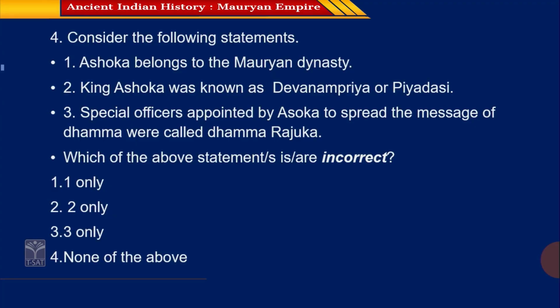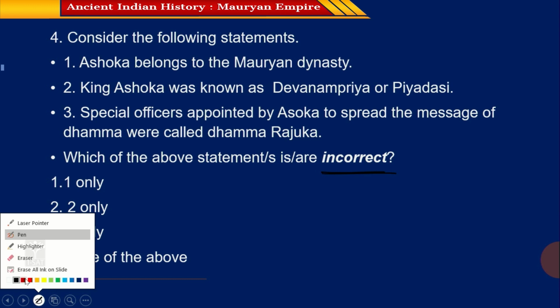Next question. Consider the following statements. Ashoka belonged to the Mauryan dynasty. King Ashoka is also known by two other names. Special officers appointed by Ashoka to spread the message of Dhamma were called by a certain name. Which of the following statements is or are incorrect? It's asking for incorrect, not correct options.